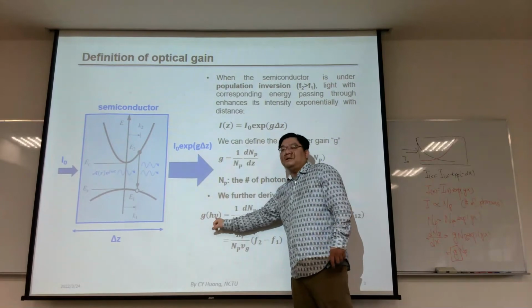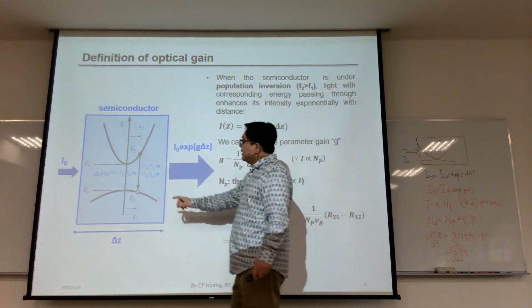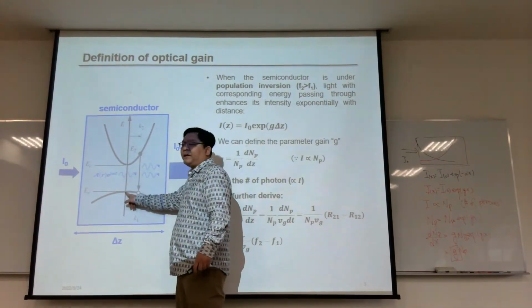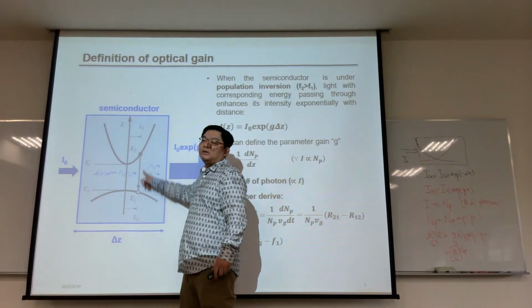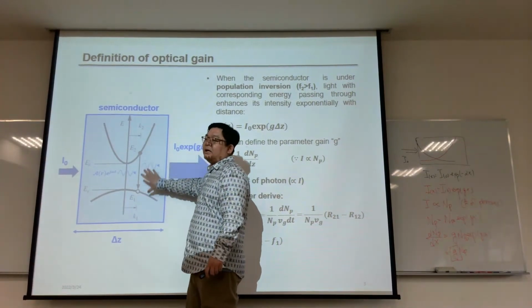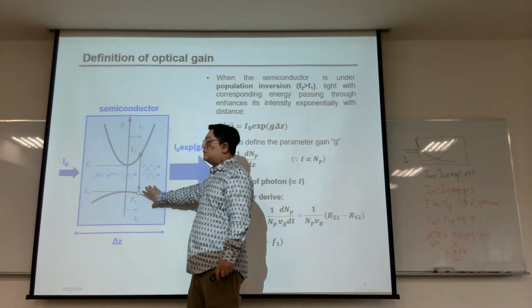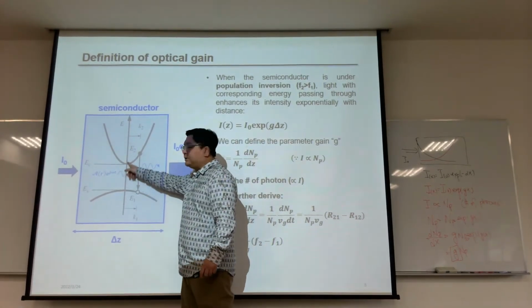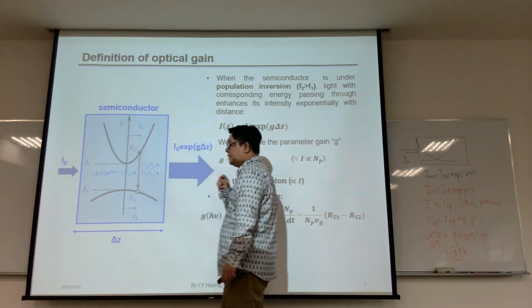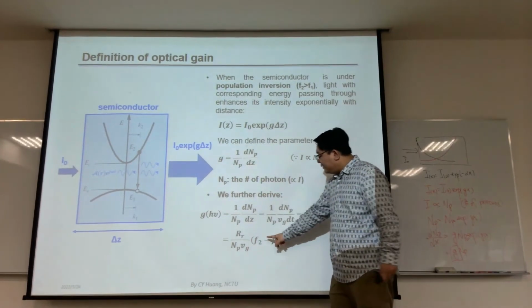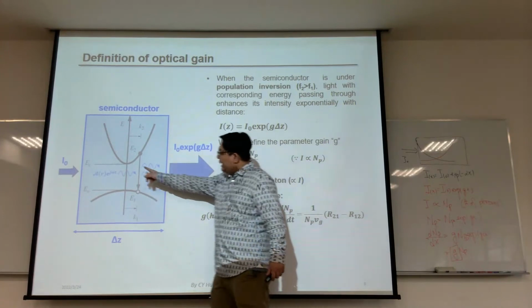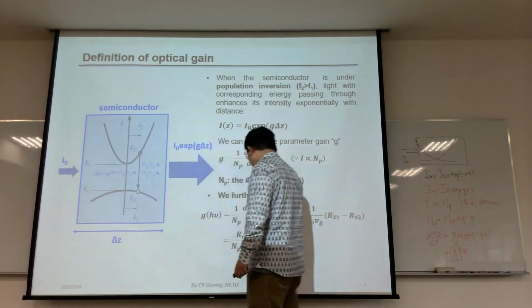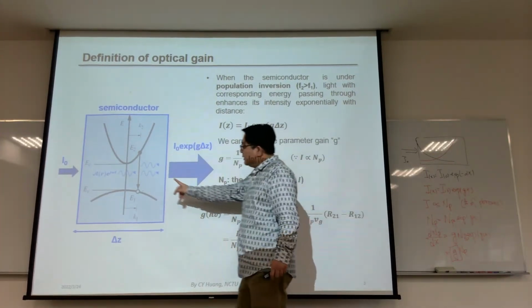With different frequencies of light, it will match different pair interactions in the conduction band and the valence band. For the one at the band edge, the transition between these two will dominate, so you will care about the F2 at EC and the F1 at EV.